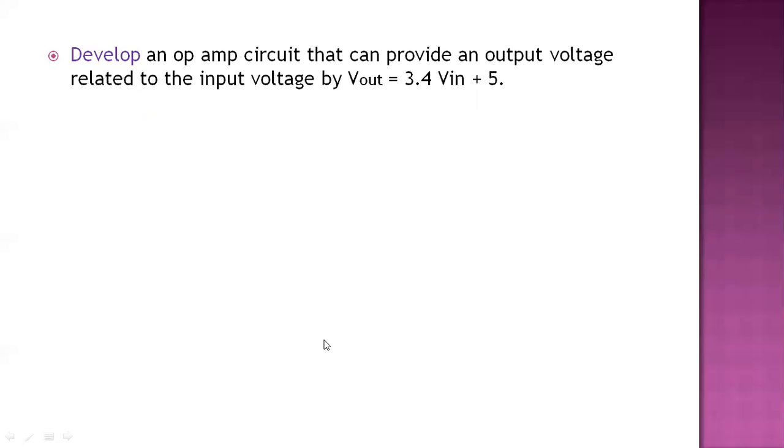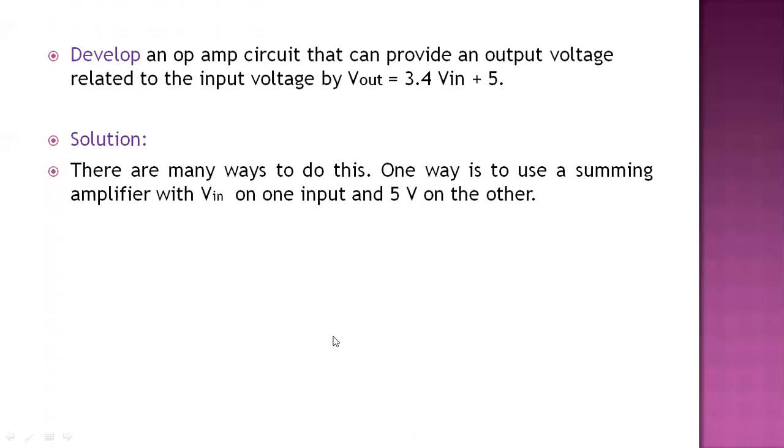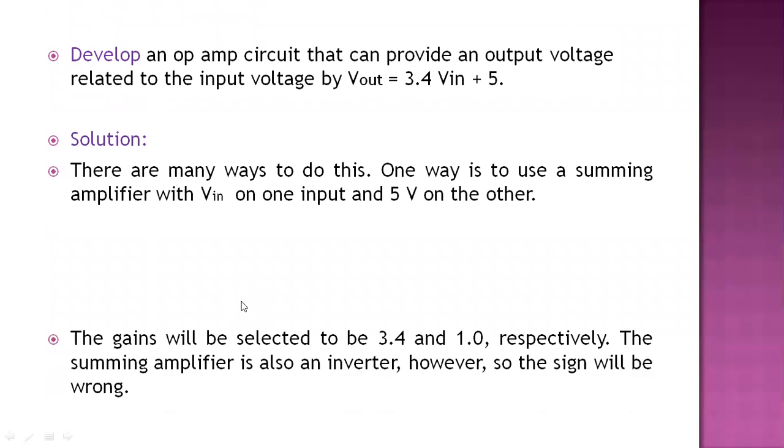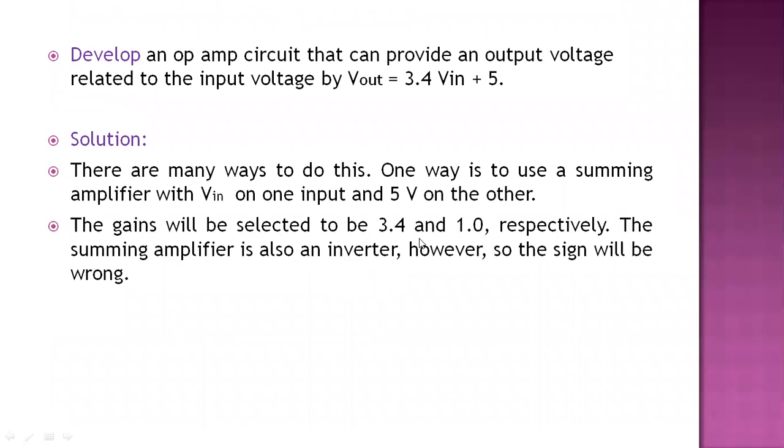So let's see what can be done for this. As I told you, the gains will be selected here to be 3.4 and 1 respectively, and the summing amplifier will be used here. Let's consider this output voltage, that is 3.4 V in plus 5 volts. The selection of values of the resistors will be based on the general notion of keeping the currents in milliamperes.